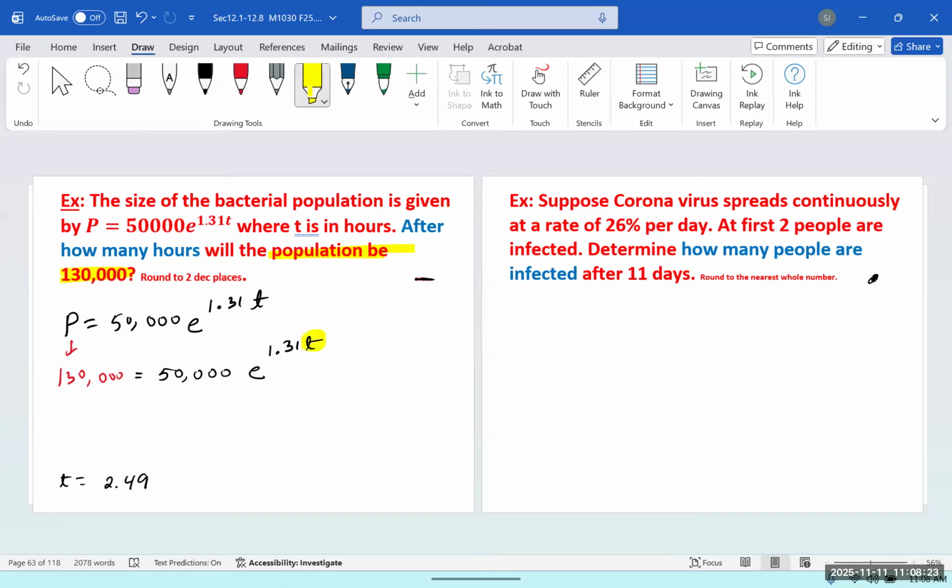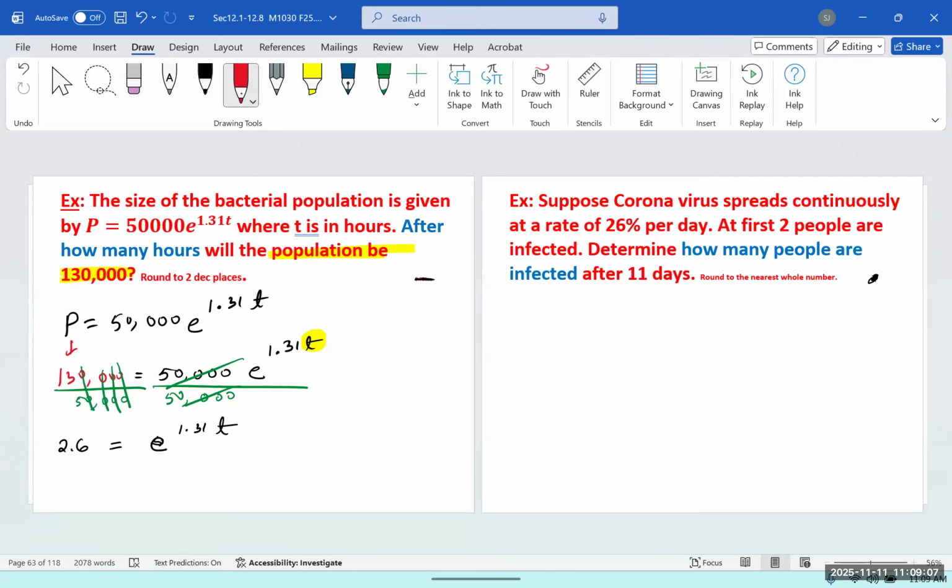Our goal is to solve for this t. Divide by 50,000, so the zeros cancel out, and we get 2.6 equals e to the 1.31t.